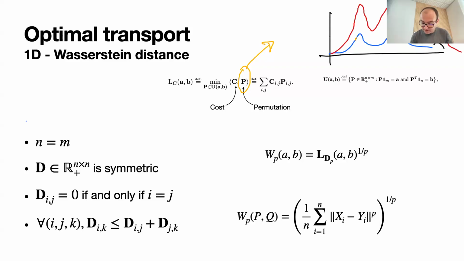So maybe I will take this probability mass and move it here, this here, and I will start adding new mass here. Maybe I have to remove something. If this was going here, maybe I have to remove this mass and so on. So that is the question. What are my minimum efforts so that I can reshuffle this back and forth?